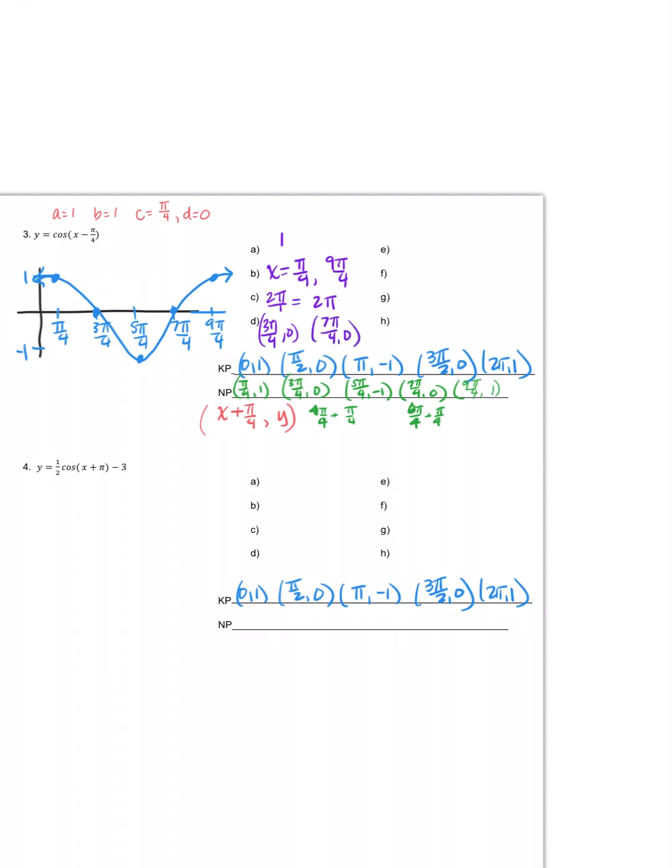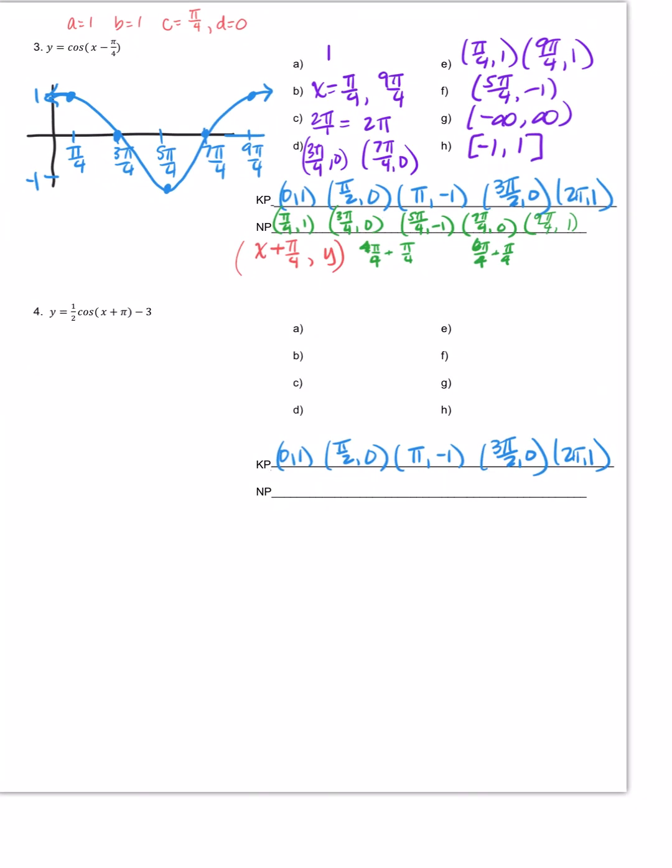The maximums, I have two maximums, right? So pi over 4, 1, and 9 pi over 4, 1. Minimums, I only have one minimum at 5 pi over 4, -1. Domain is continuous, so it's all real numbers. And my range is the original range, -1 to +1. Didn't change.